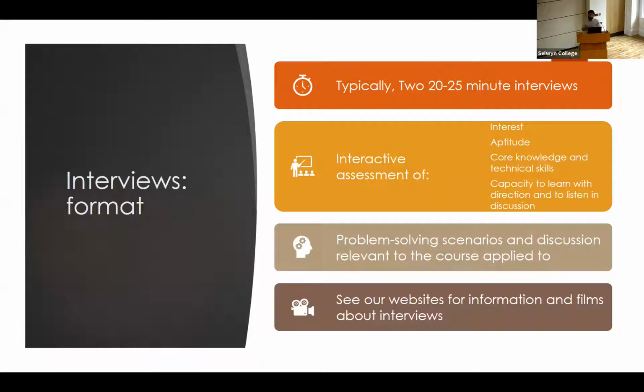Your core knowledge and your technical skills are also on assessment. So we're going to ask you some questions and make sure that A, you're up to speed, but then B, that you can explore that subject. And then the other thing is your capacity to learn with direction. So the whole idea is we're going to ask questions about things that you probably haven't come across, based in things that you know about.